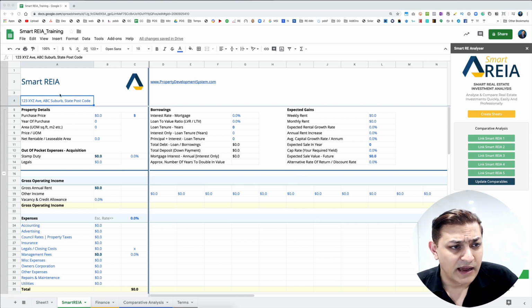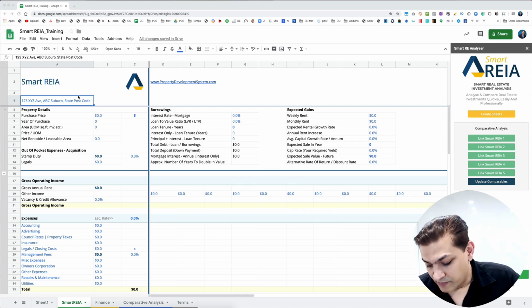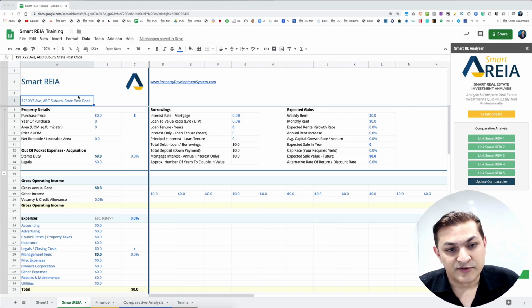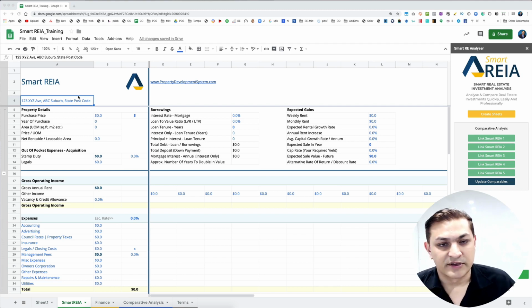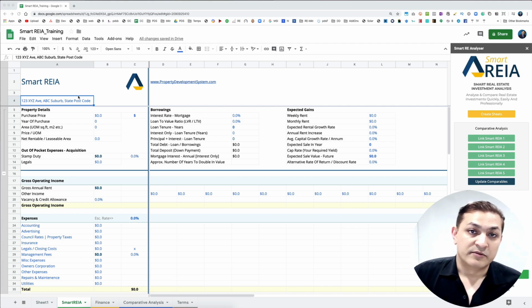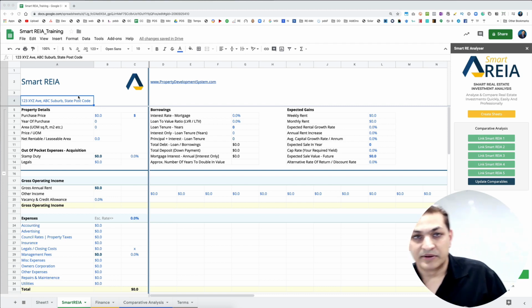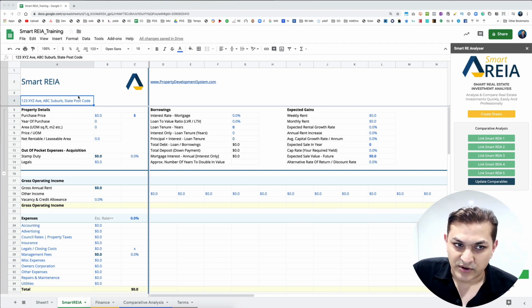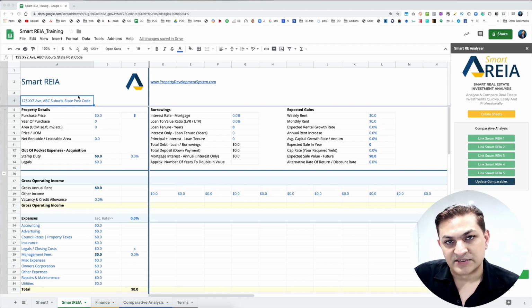So I actually created this because as a developer, when I present my development to a prospective buyer who is looking to buy a unit in my development, I have to do this analysis to be able to present to them and show them, look, this is what the property will look like, that's what it will be rented at, that's what the capital growth is going to be, so that they can see that this is a good investment.